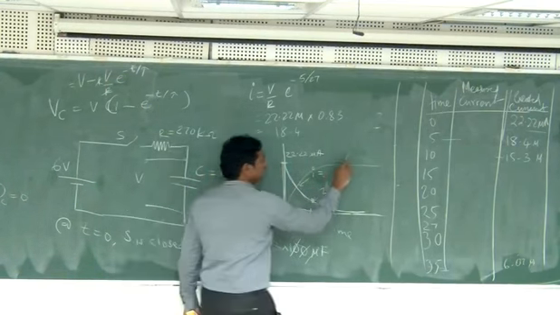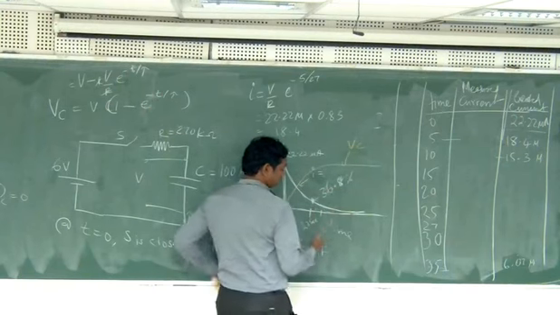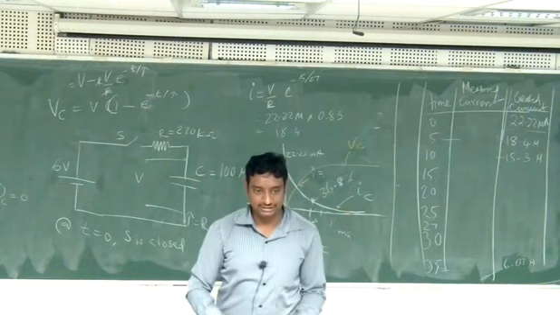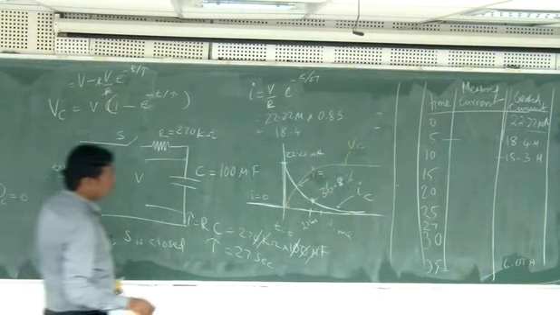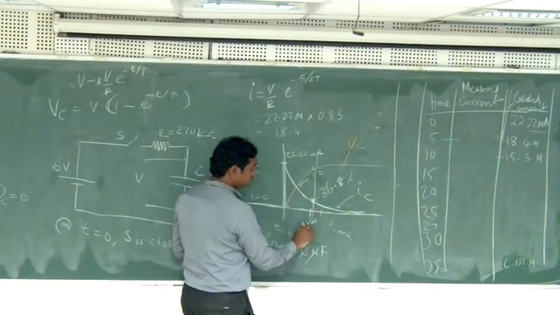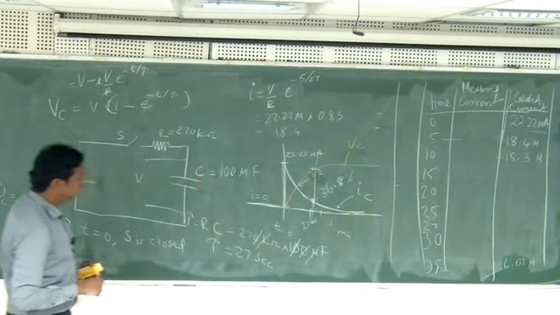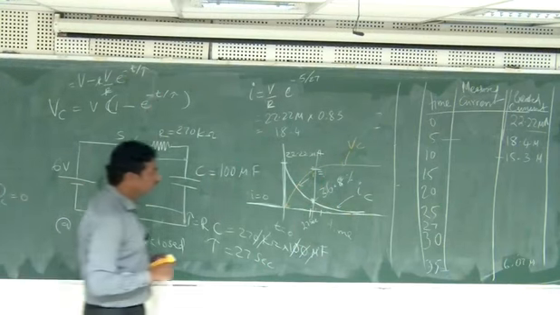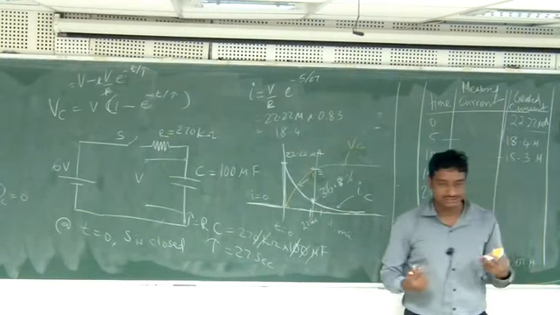This is VC, the voltage of the capacitor. This white one is IC, the current of the capacitor or current of the resistor. One is increasing, one is decreasing. If I draw a line like this at 27 seconds, then this will be 63.2% of 6 volts. So we can also measure the voltage and try to do that.